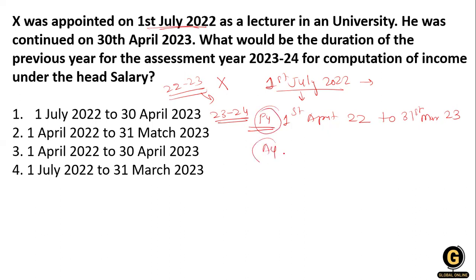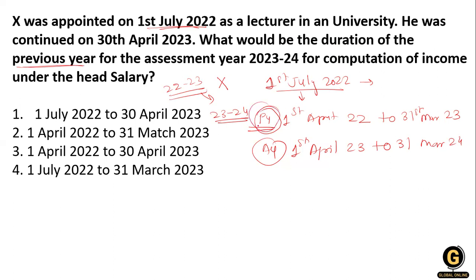And the assessment year is 1st of April 2023 to 31st of March 2024. So the question is asking what will be the duration of the previous year.